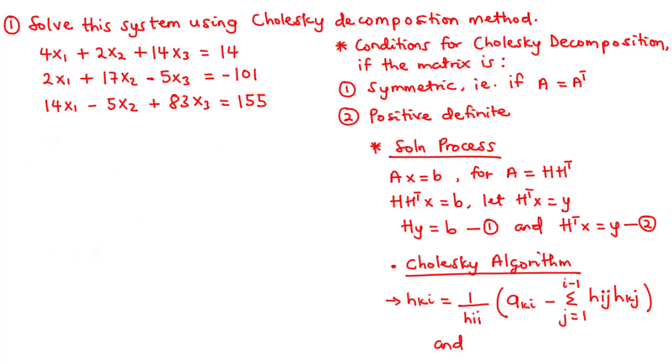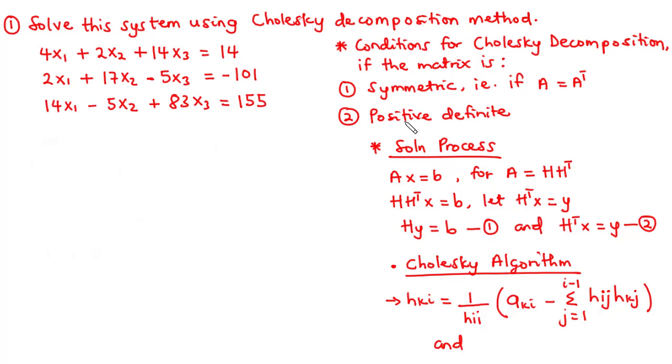That is, one, if the coefficient matrix is symmetric, that is, if A is equal to A transpose, and then secondly, if the coefficient matrix is positive definite. So long as these two conditions are satisfied, then we can decompose the coefficient matrix A so that we have H times H transpose.